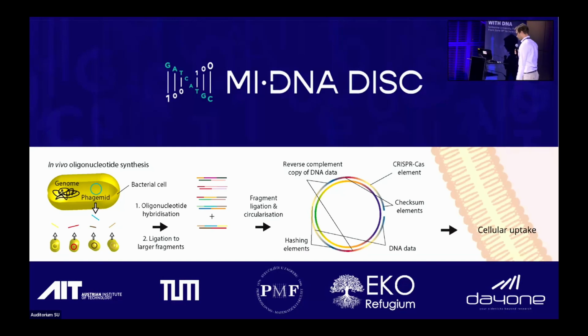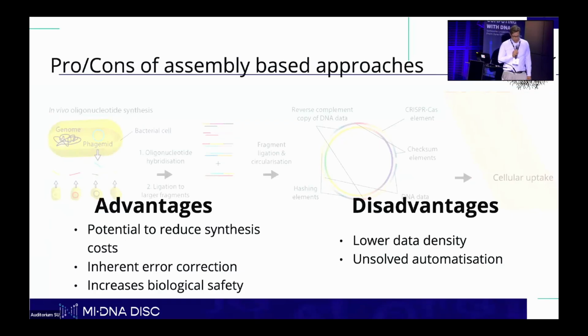So this is the framework of our project, and Echo Refugium is in charge of developing coding strategies and simulating this project. At the beginning of the project, when we conceptualized our work, we identified advantages and disadvantages that we would like to study further.